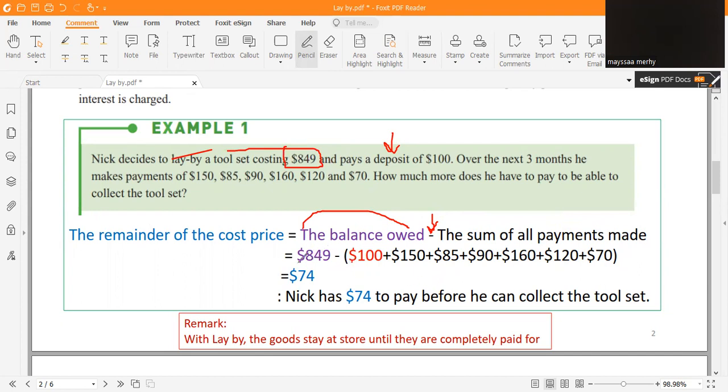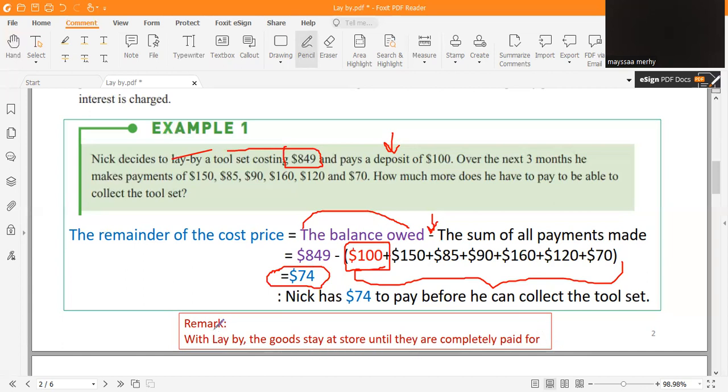So the remainder of the cost price equals $849 minus the sum of all payments, including the deposit of 100. The result is $74 to pay before Nick can collect the tool set.